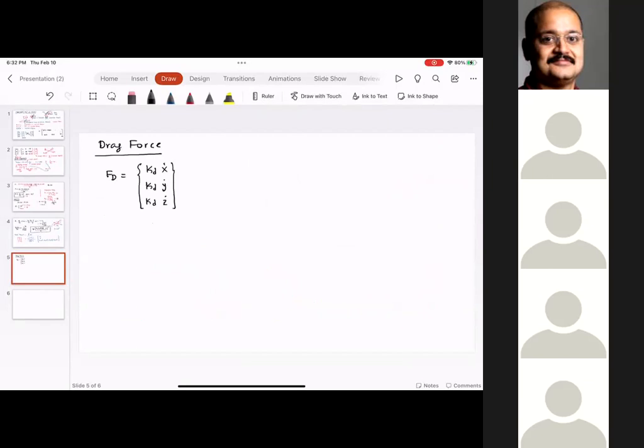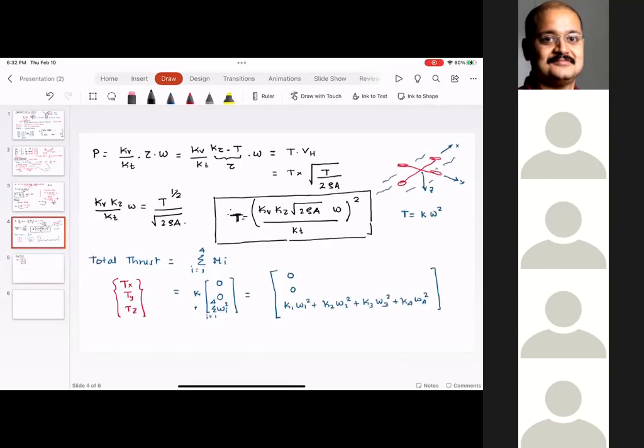So you will have force in x direction, y direction, and z direction. The aircraft would have some velocity in x direction, x dot, velocity in y direction, y dot, velocity in z direction, z dot, or in our conventions, u, v, w. That velocity multiplied by the coefficient of drag is going to give you the drag force given by the air as that quadcopter moves.